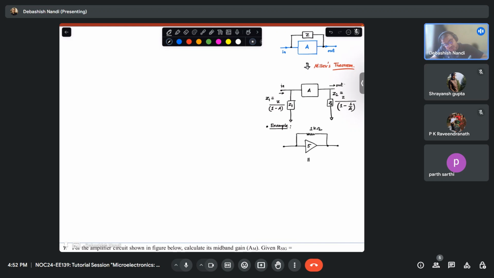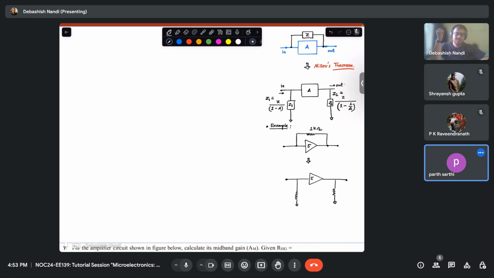So what is the Miller equivalent of this? Just tell me the value of the resistances. Use the same theorem, the same formula as above.